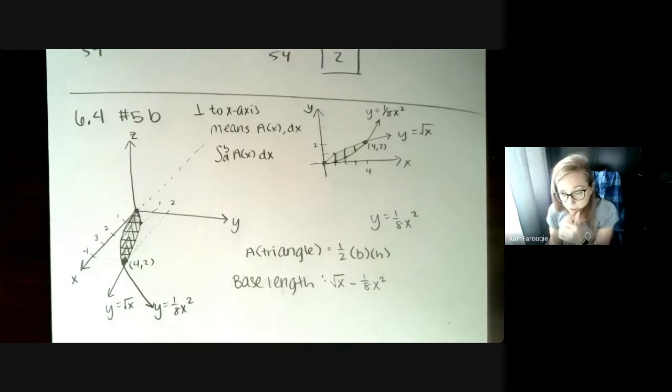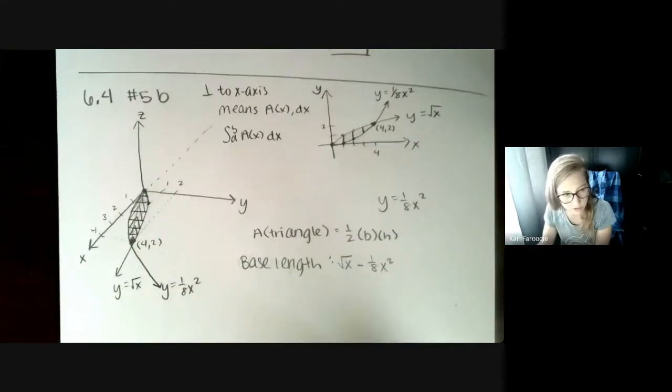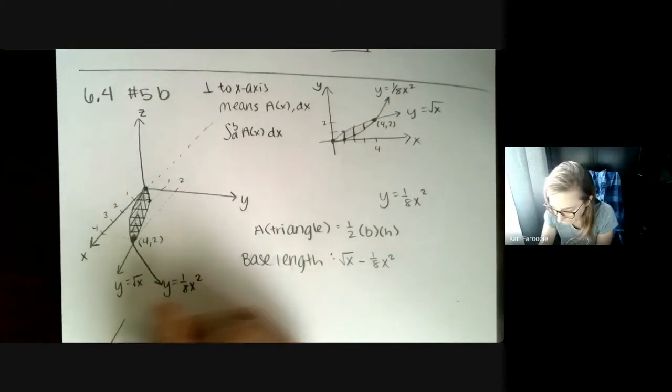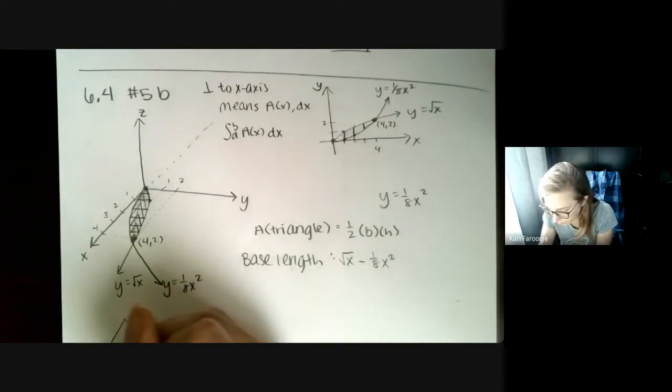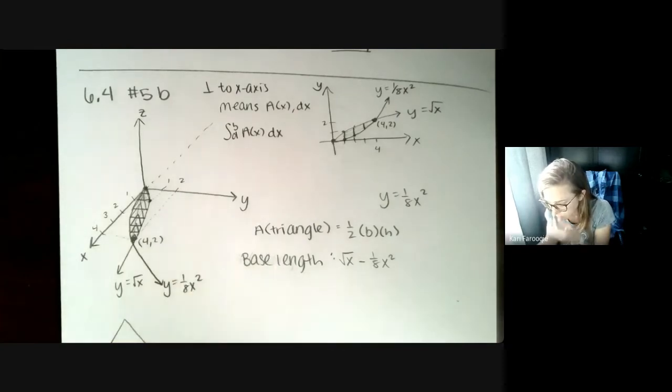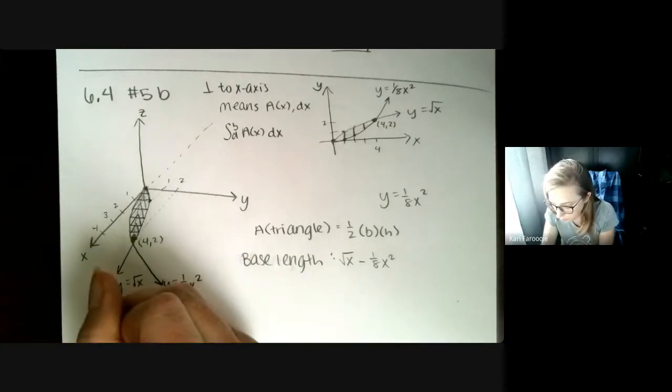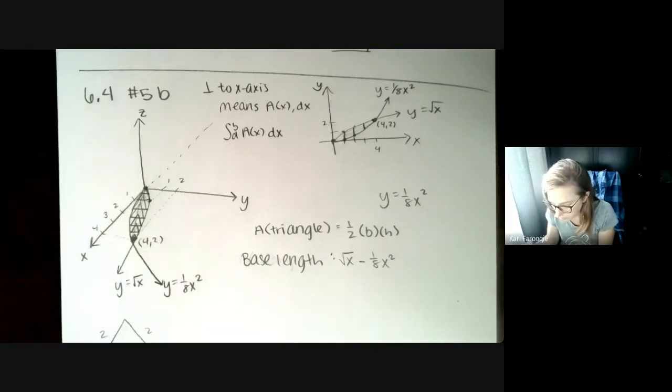So we have that. And then remember we talked last time about this triangle. Last time we split it up into twos because I was using half of your base length.